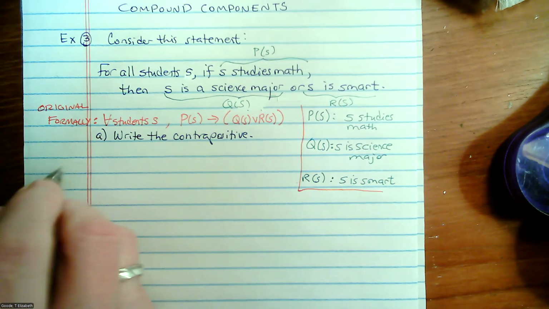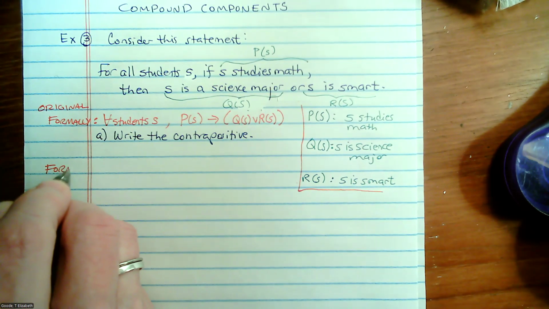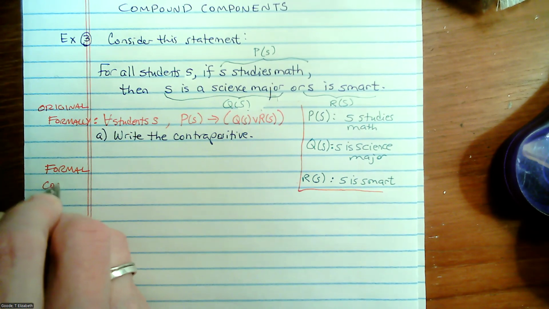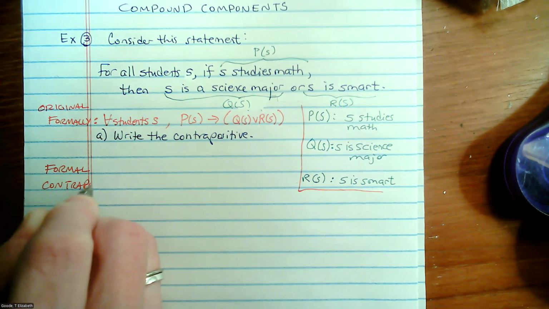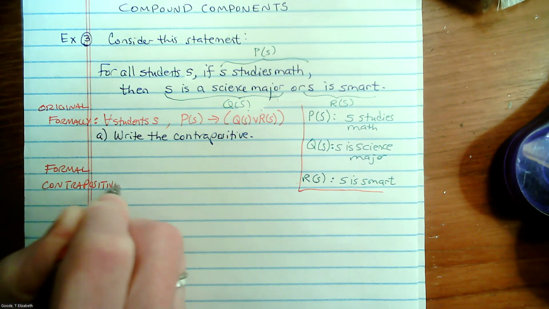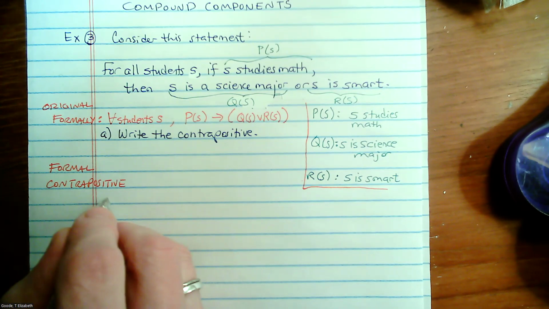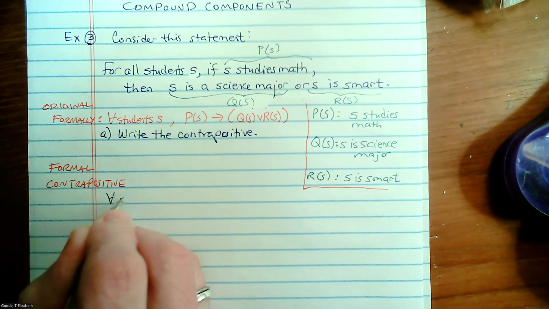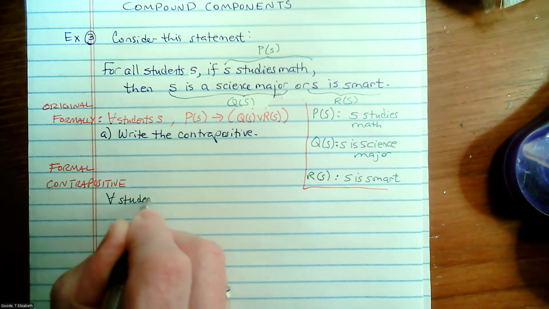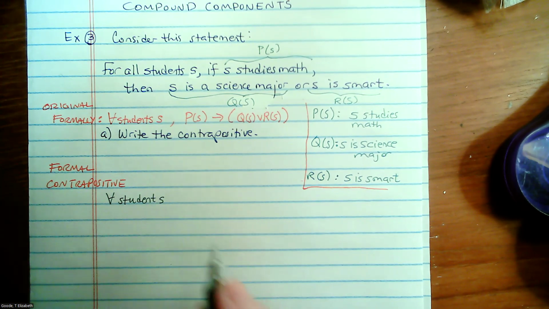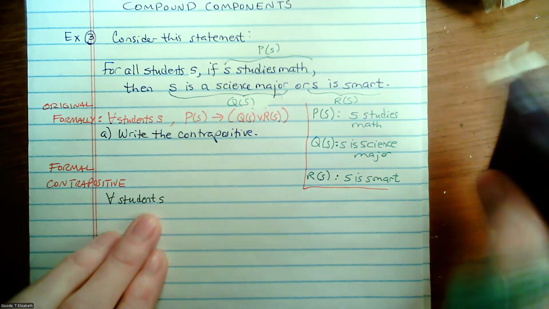All right, so the formal contrapositive. It would be for every student S. It looks like for all students.